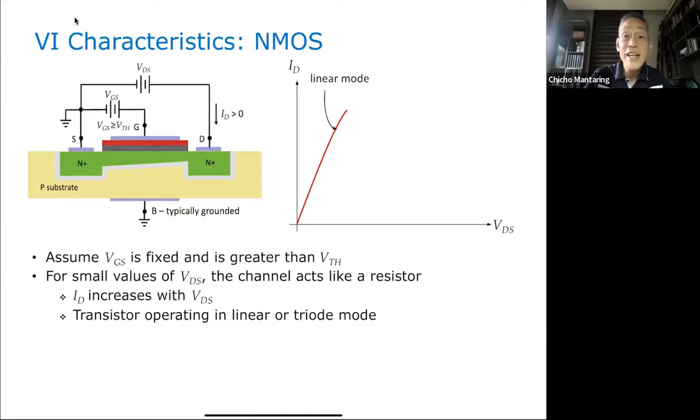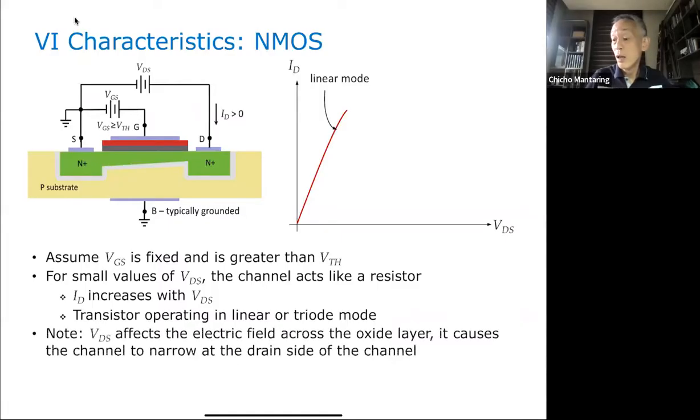Now, it is not really a linear resistor. A linear resistor is a straight line. In this particular case, it curves a bit. But largely, your current will be increasing with your voltage. So we call this the linear mode of operation, sometimes also called the triode mode of operation.